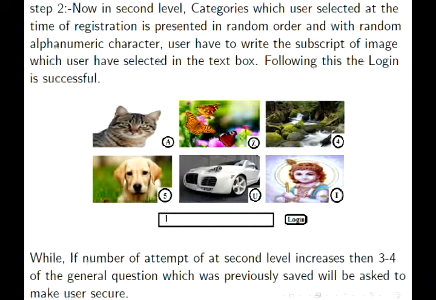Categories which the user has selected at the time of registration are presented in a random order with a change in alphanumeric characters, which are also random, and given as a subscript of the image. The user has to enter his category names with the subscript into the text box for the login.